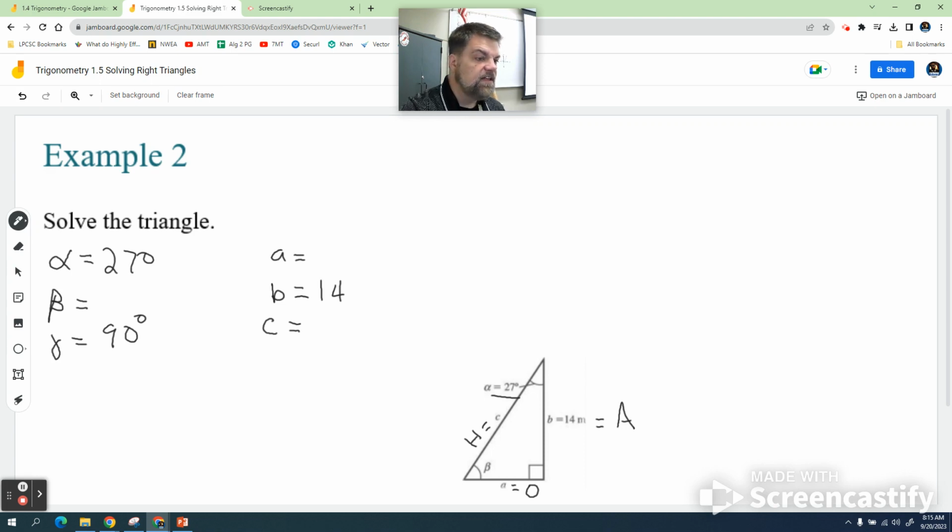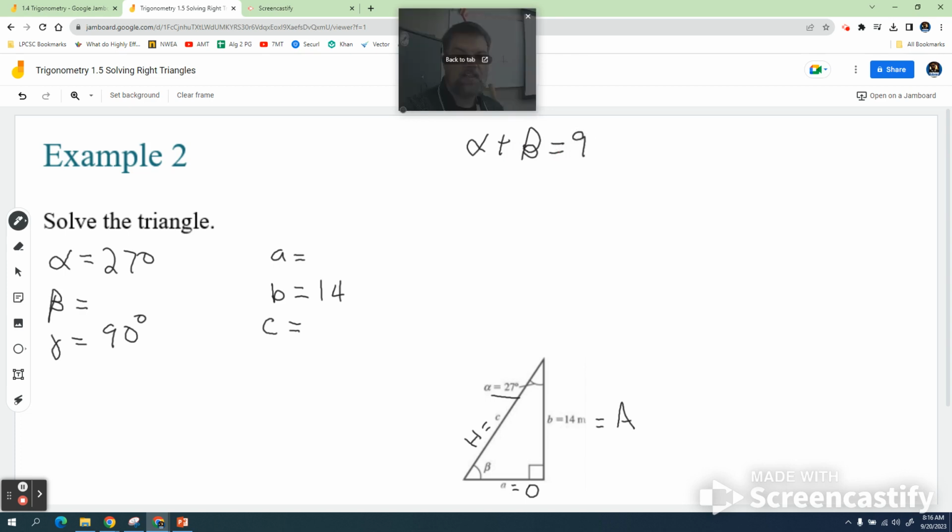Now, the next thing I need to do is figure out what beta is. Well, I know that alpha plus beta has to add up to 90, right? That's from yesterday or the day before. So if alpha is 27 degrees plus beta equals 90, then I simply subtract 27 from both sides.